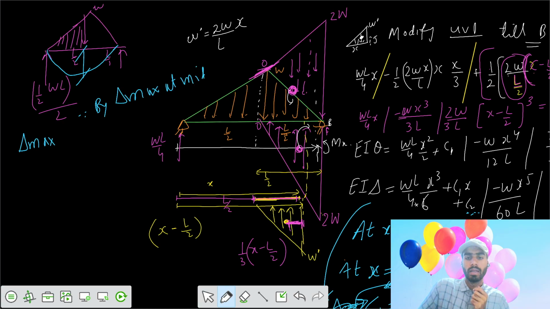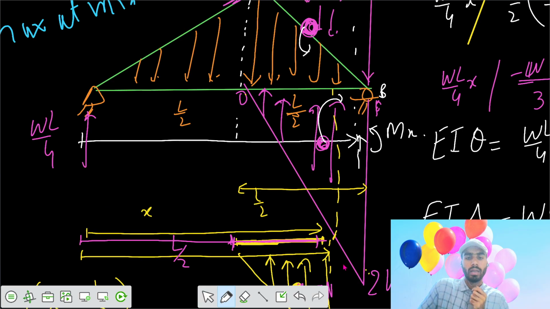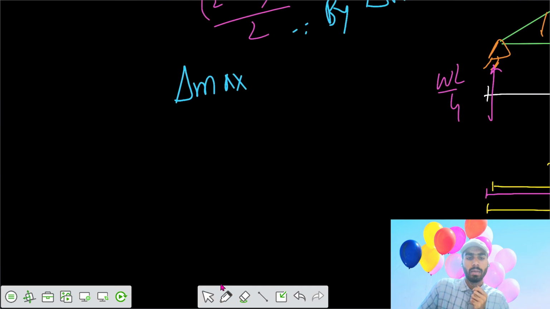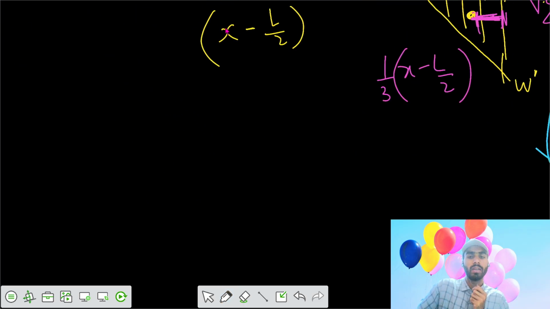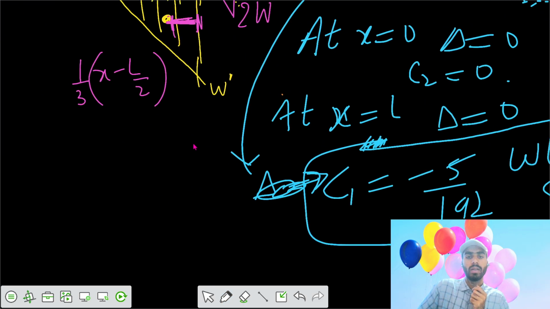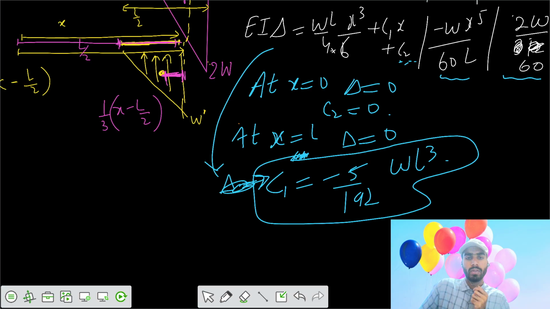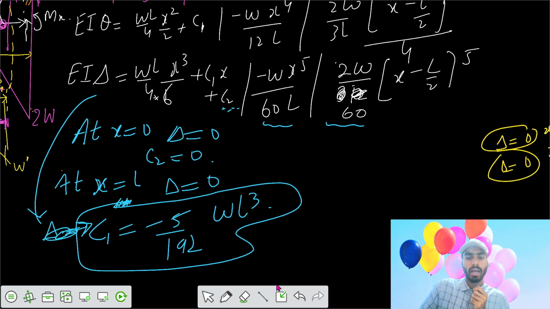So at x equals L by 2, delta is your delta mid or delta max. You can get the value of delta max by substituting the value of that constant C1. That C1 was this one. So we substitute the value here.